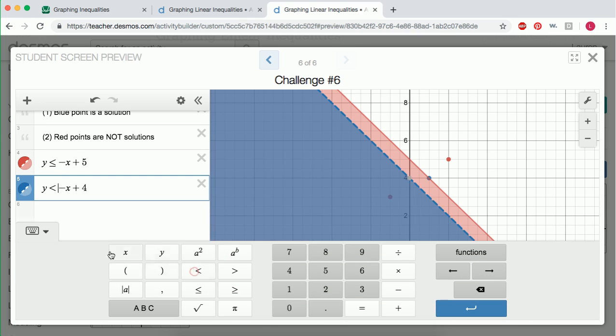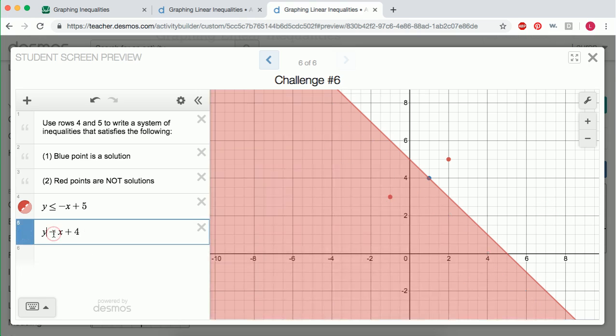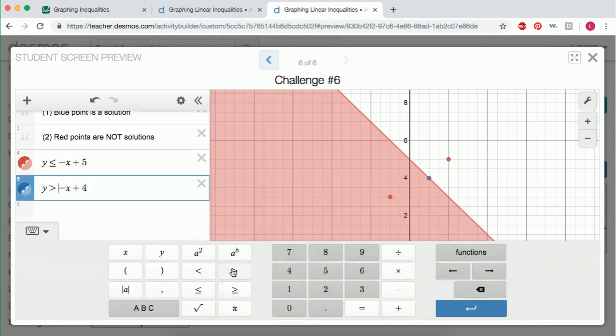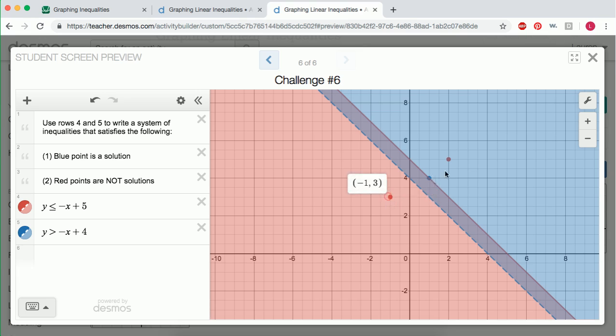It doesn't matter because it doesn't have a solution that needs to be on the boundary line. Oops, sorry. Greater than. Perfect. So the overlapping shaded region is only between these 2 lines, and it doesn't include the red points. Perfect. Okay.